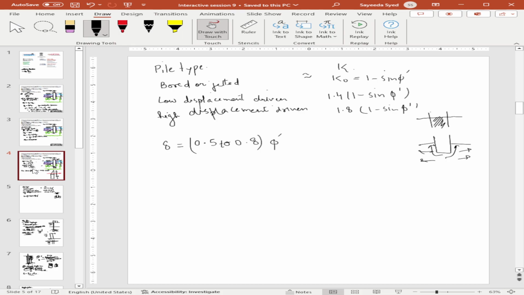Okay, so let's see the question here. It is a closed-ended pile, so it is a high displacement pile. So instead of 1.4, we will take 1.8 here, because that is the convention. High displacement pile: 1.8 times 1 minus sine phi. So let's calculate it.